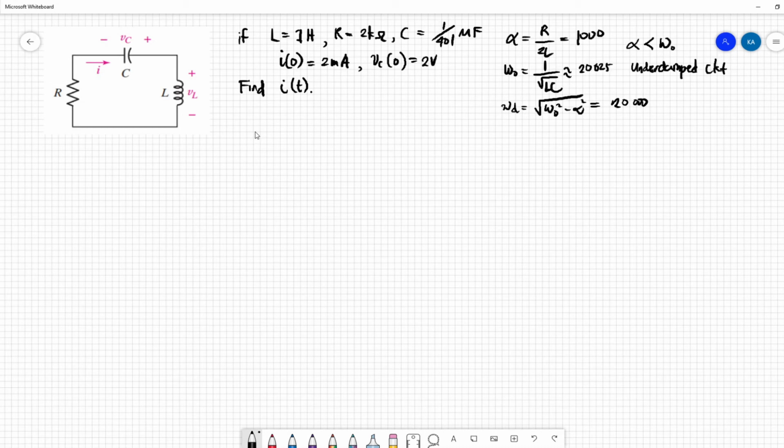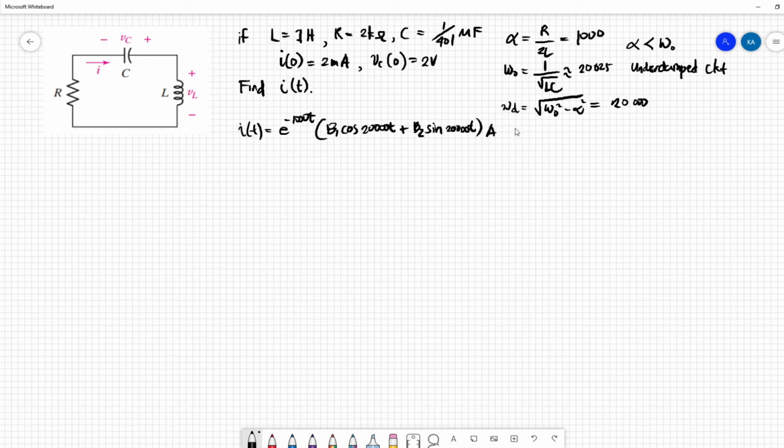So for an underdamped circuit, i(t) is equal to e to the negative 1000t times the quantity B1 cosine of 20,000t plus B2 sine of 20,000t.